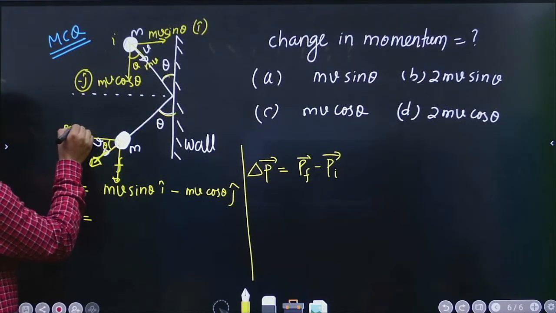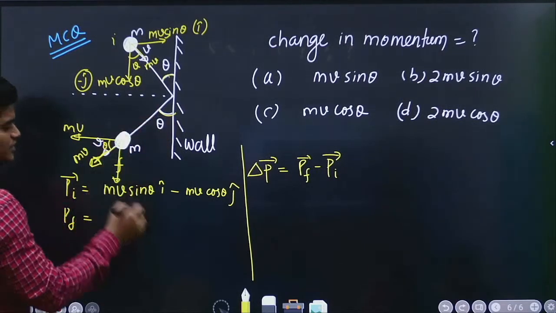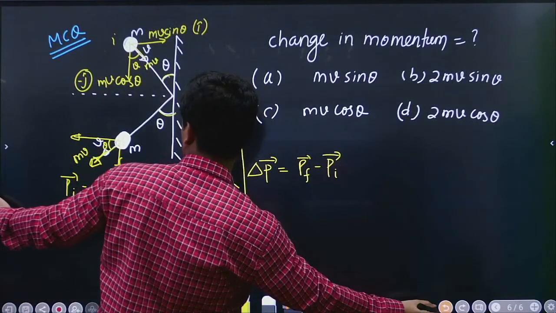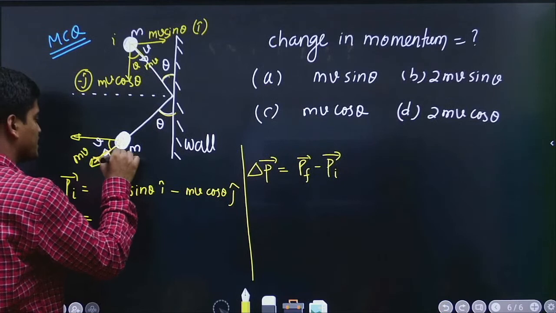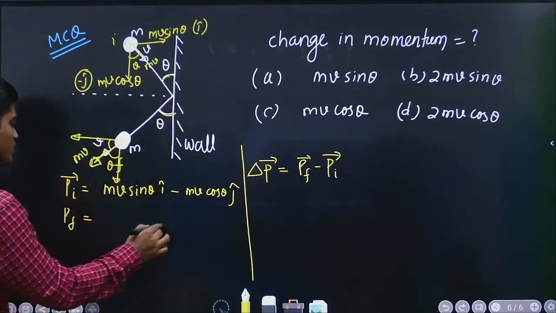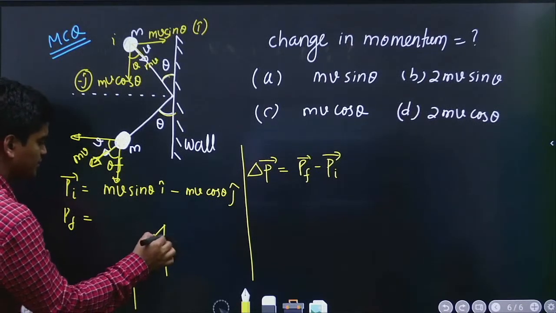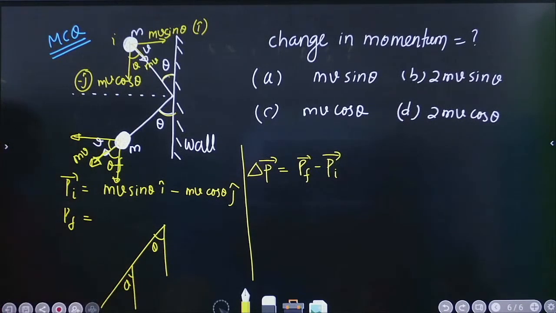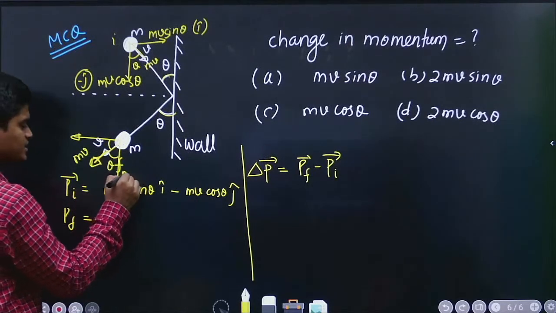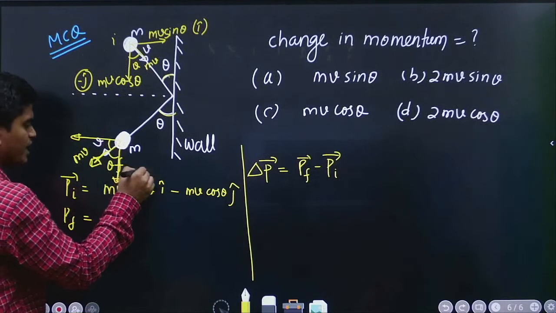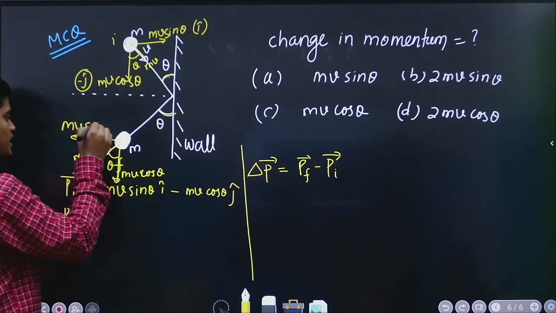So the vertical downward component is mv cos theta, and this one is mv sin theta.